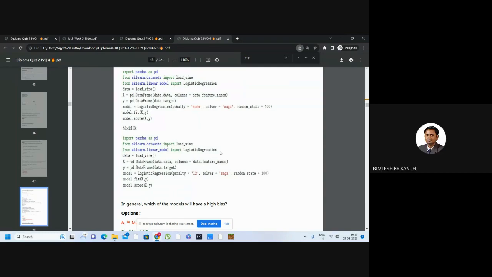We are penalizing it for memorizing the training data too well, so it will not be able to generalize well on the test data. That is why we bring in regularization, so that memorizing the training data becomes low.